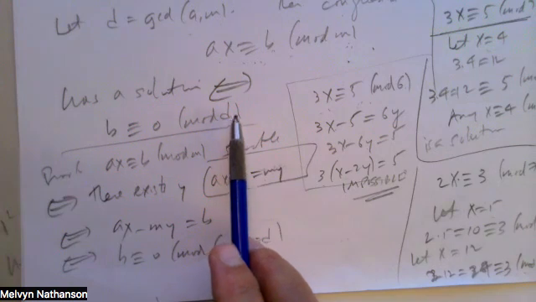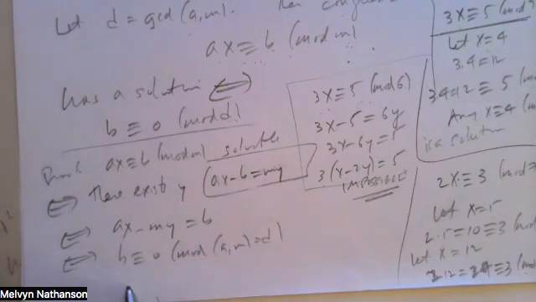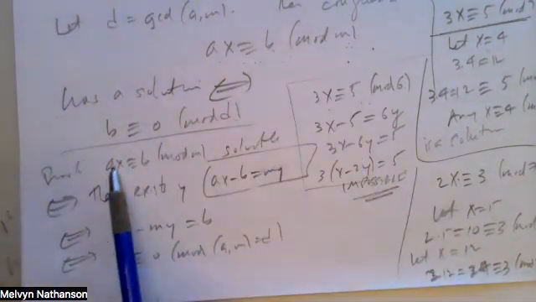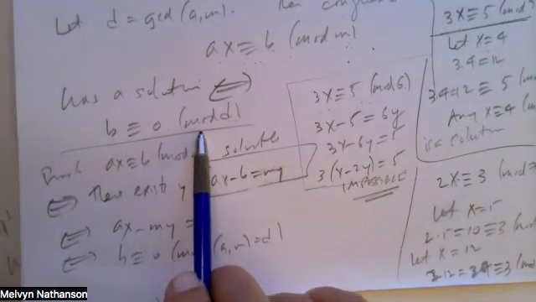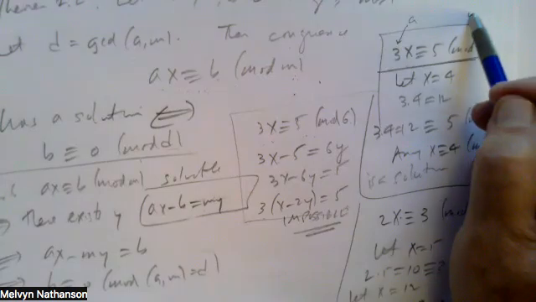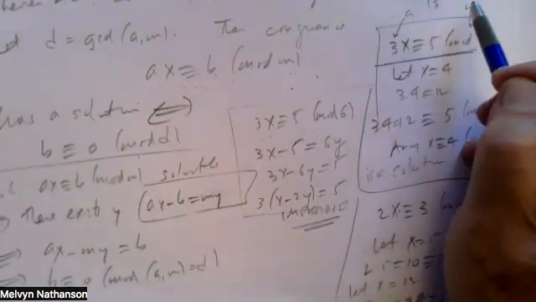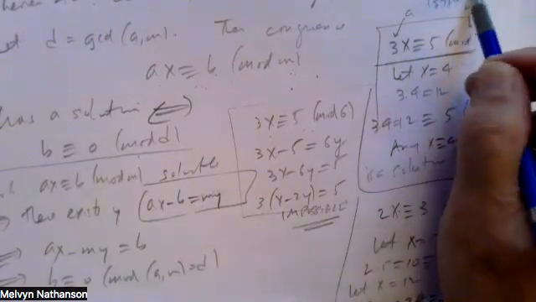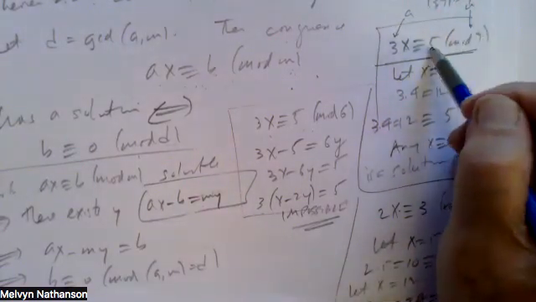It's actually the first part of a theorem. The congruence AX congruent to B mod M has a solution if and only if this is satisfied. Now, let's look at these two cases. Here, this is A, this is M, and the greatest common divisor of 3 and 7 is 1, and 5 is certainly divisible by 1.